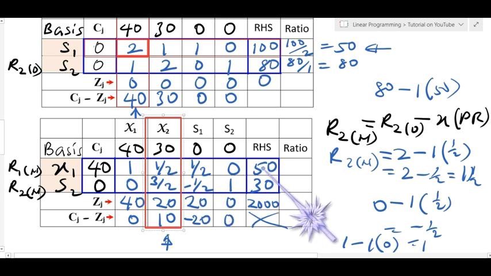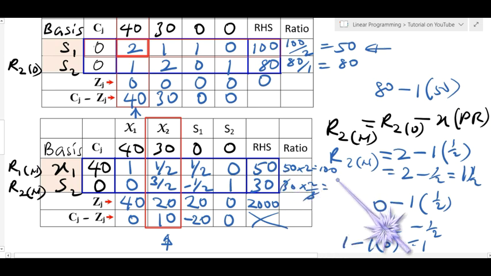So 50 over half is 50 times 2, which will give us 100. Then here 30 over 3 over 2 is 30 times 2 over 3, which cancels, leaving 20.